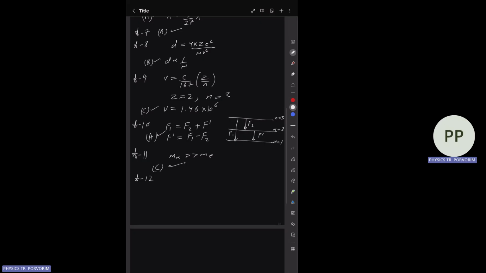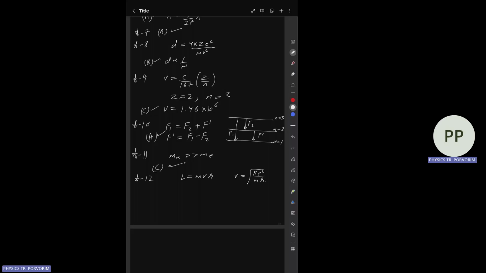12th question: the angular momentum of the electron in the hydrogen atom is proportional to, in terms of radius. We know that angular momentum is given by mvr. Now the dependency of v on r is given by the root of K e square by m r.